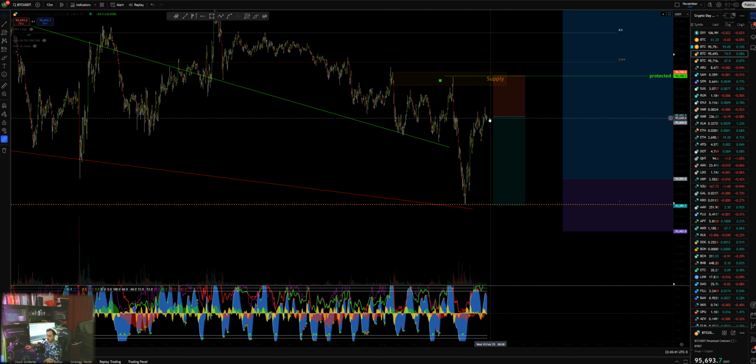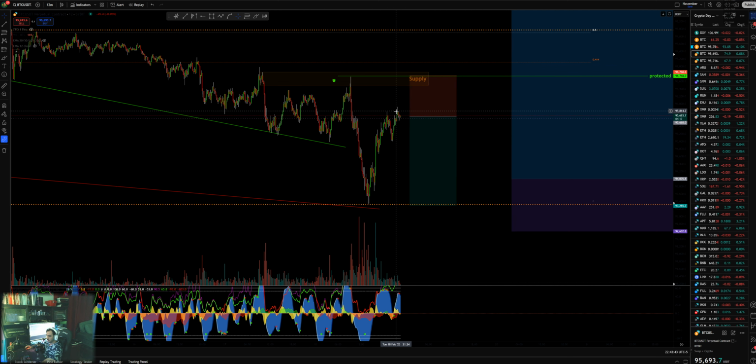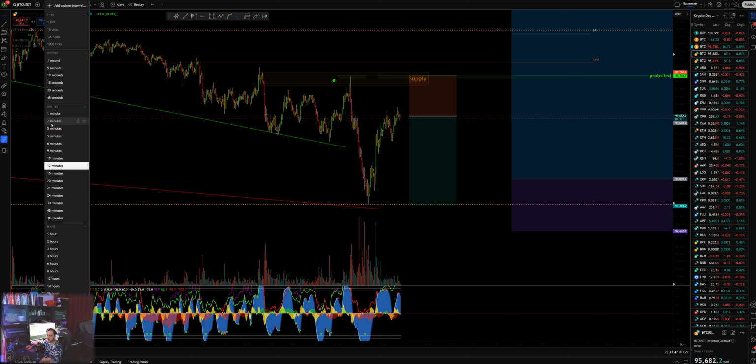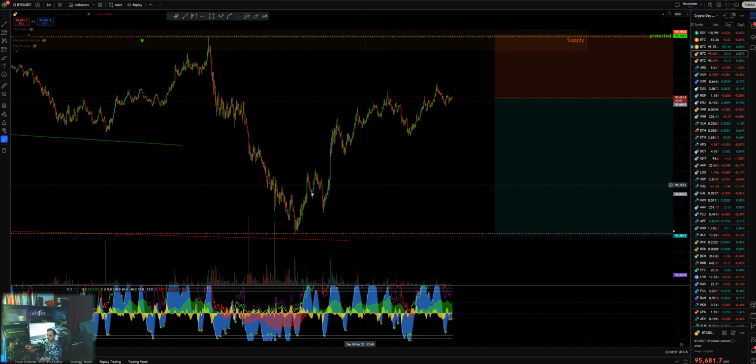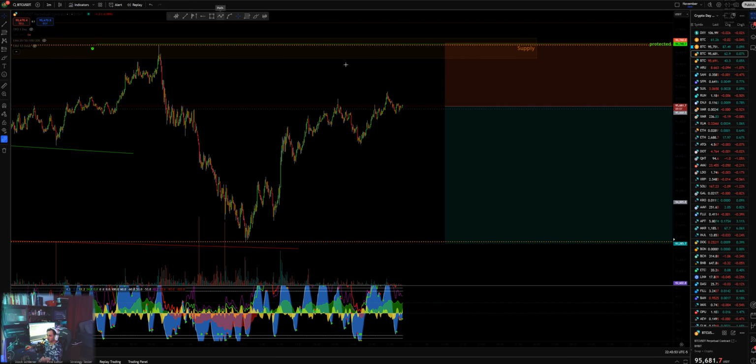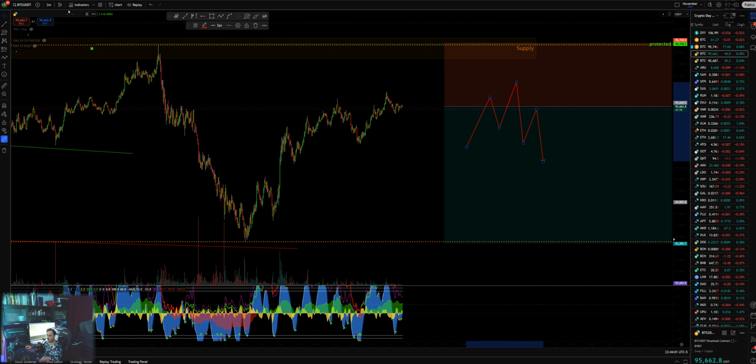Like right here, if we get, let's see, there was a body close on the 12-minute. So right now, for instance, if you were to look for a reversal pattern, obviously this is protected.